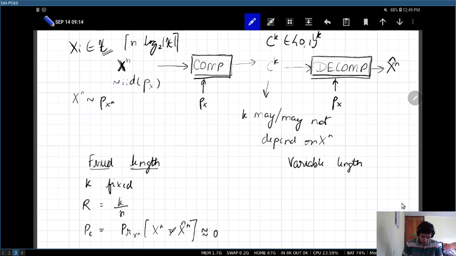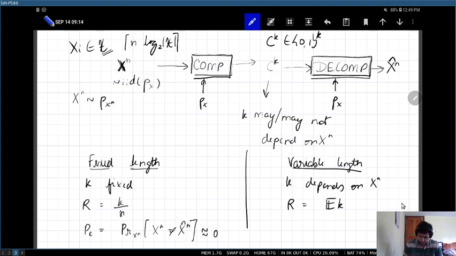On the other hand, when we discuss variable length compression algorithms, k can depend on n, but also on xn itself, the realization of the file, right? And the rate, or the expected rate, is defined as the expectation of the length of the compressed file.